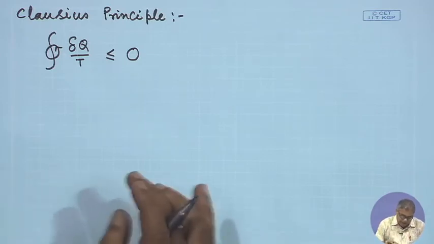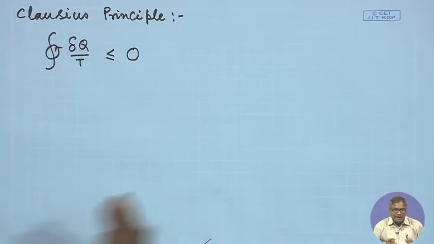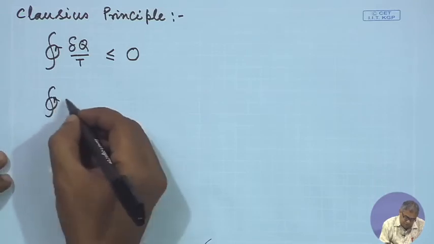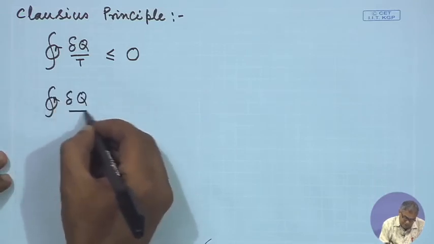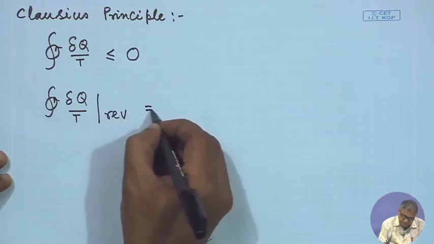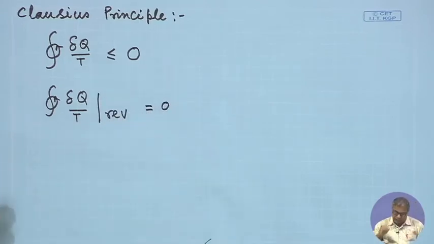Now, again it can be shown in any standard book of thermodynamics that cyclic integral of dq by T for a reversible cycle is equal to 0. So, this is again a very profound conclusion that can be obtained in the discussion of second law.